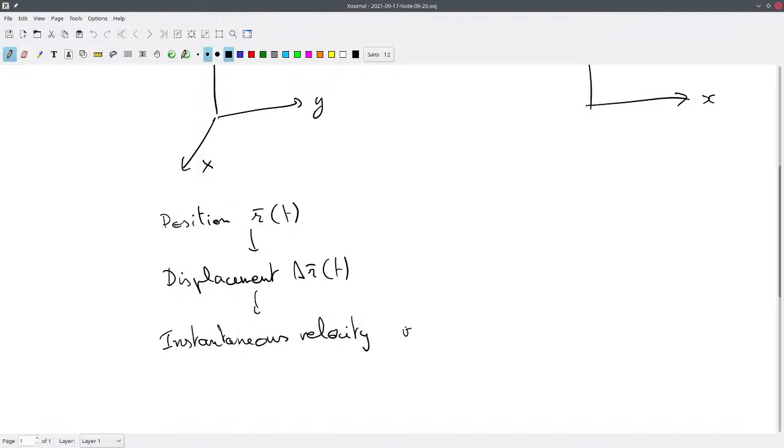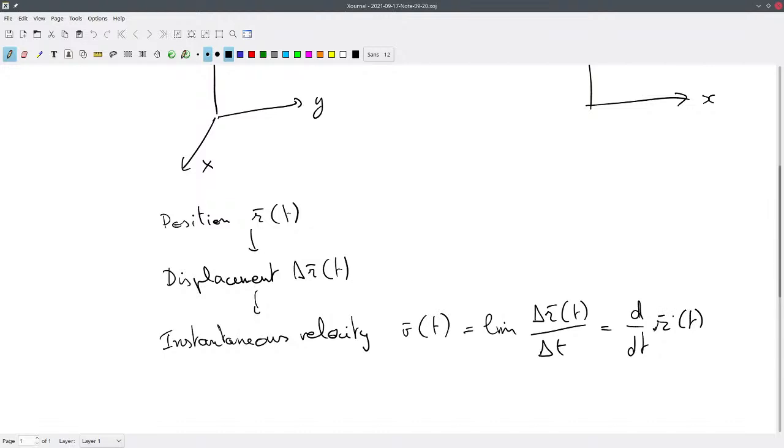So that's going to be v as a function of time, which is the limit of delta r over delta t, or the derivative d dt of r as a function of time.